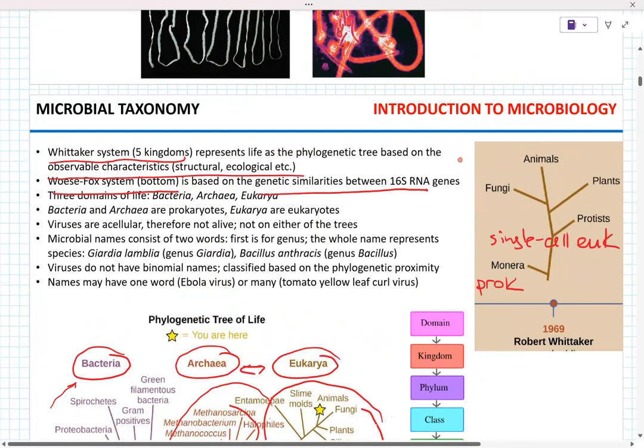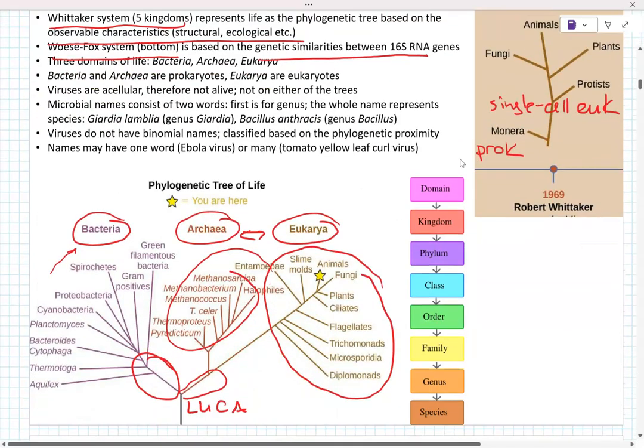Now, what about naming? We use binomial nomenclature for all living things, which effectively excludes viruses. When you look at the name of the species, such as Giardia lamblia, these 2 words represent the name of the species. Within that name, the first word, Giardia, refers to the genus.